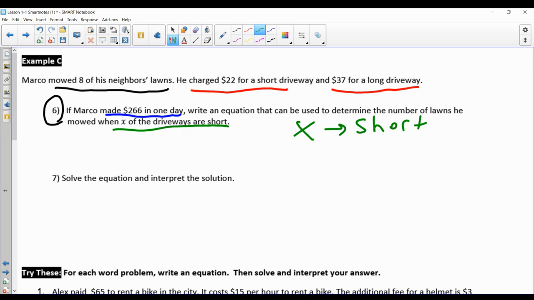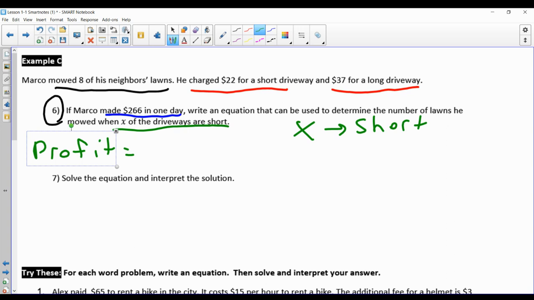Okay, basically for this one, we got to think. Its profit, just like the last problem, is going to be equal to... And for this one, we have to think, how are we going to have a total profit here? Well, it's $22 for a short driveway.